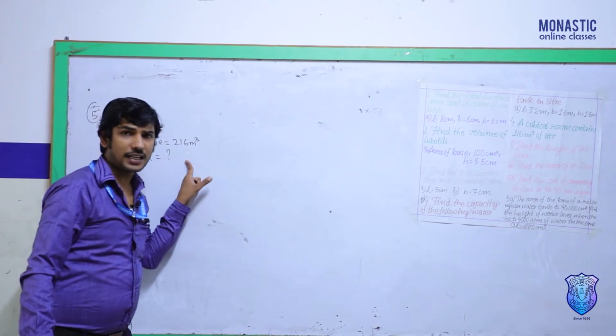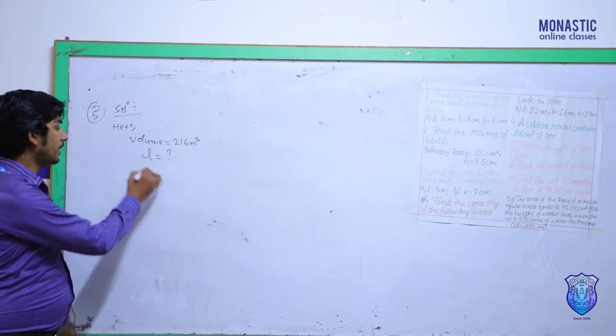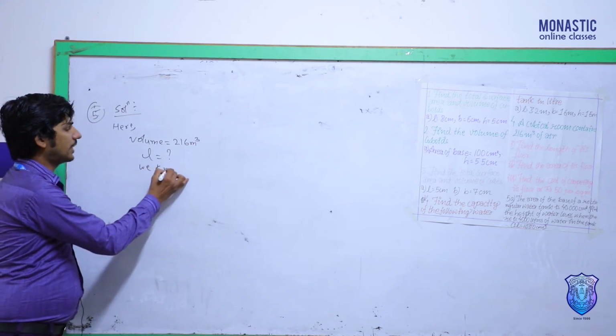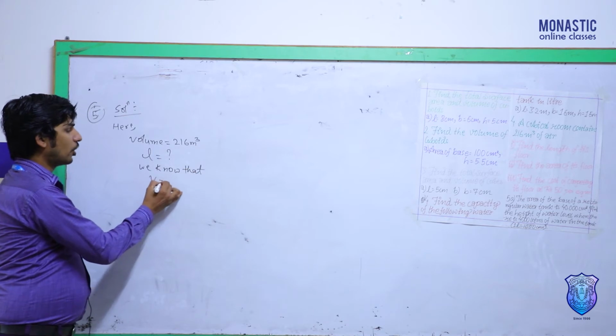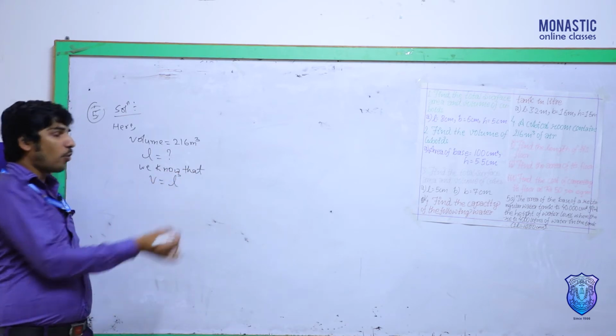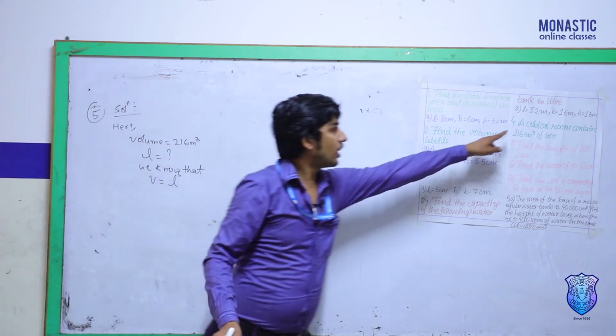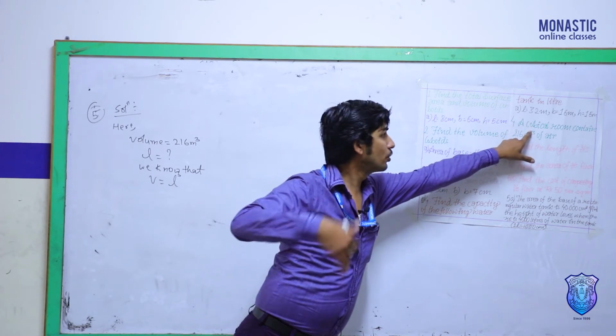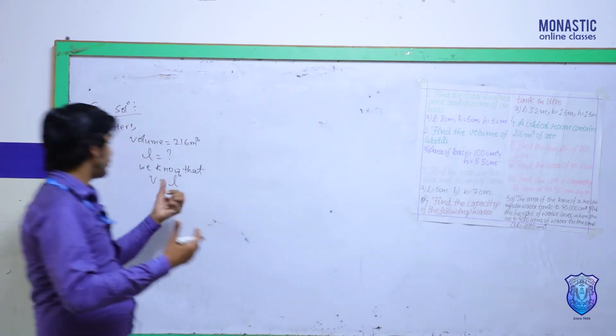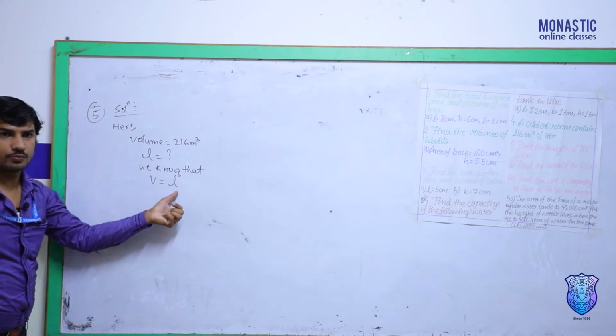To find its length, we know that volume is equal to L cube. So why L cube? Because it is a cubical room. When it means cube, due to that cube, we have used volume is equal to L cube.